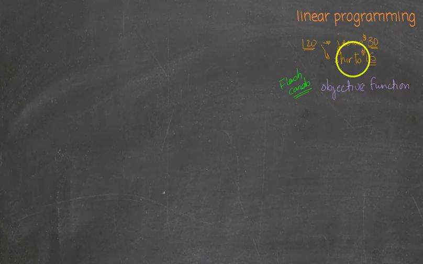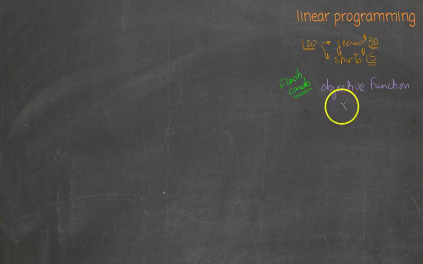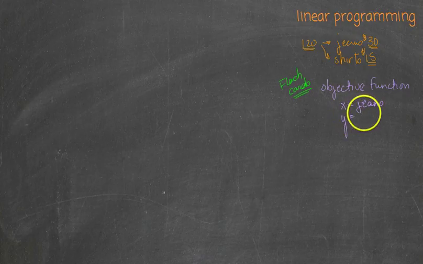So let's use this as an example. If I were to let x equal the number of jeans I bought or could buy, and y equal the number of shirts, we would write the objective function like this.